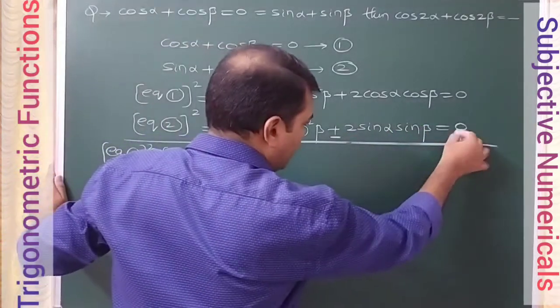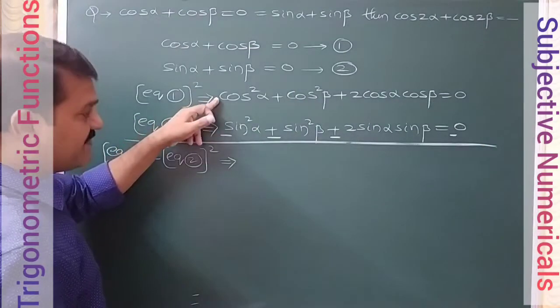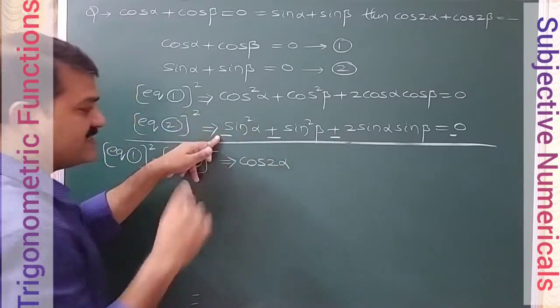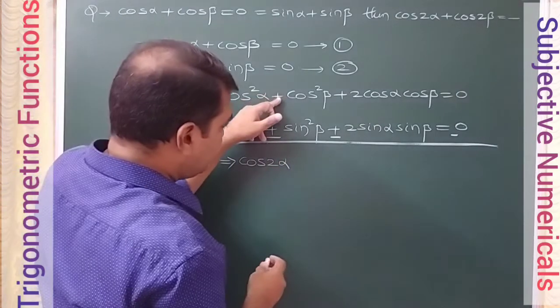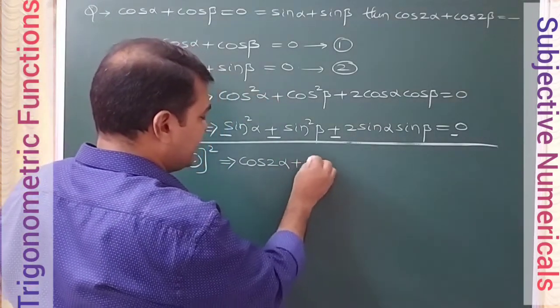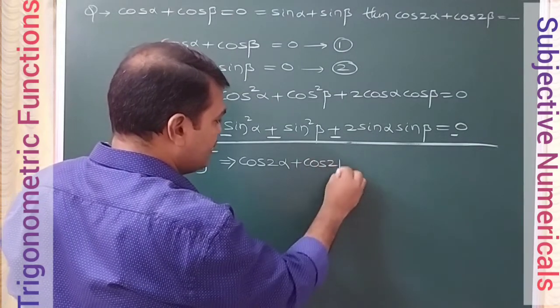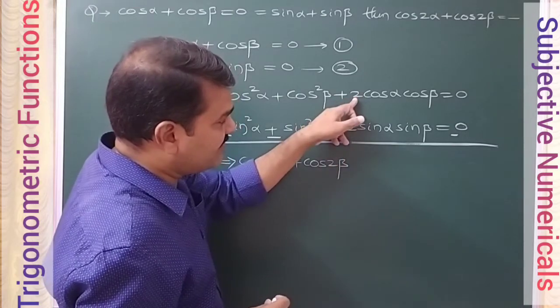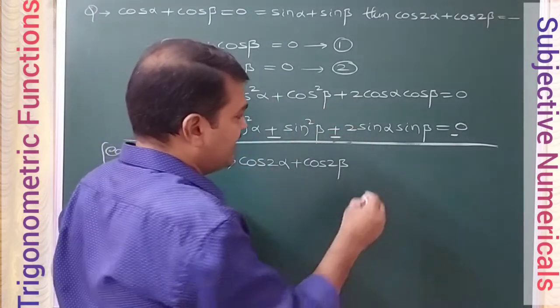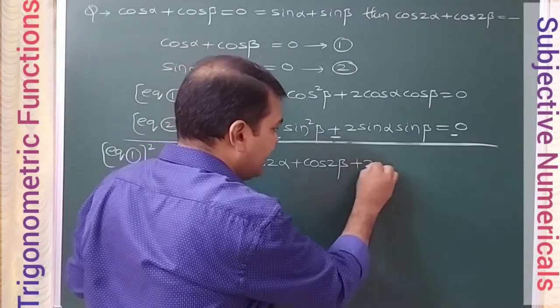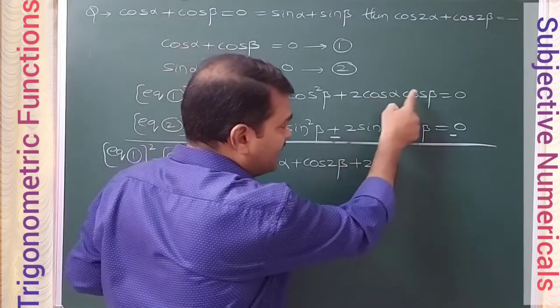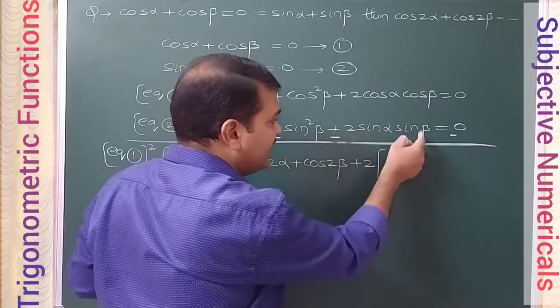So cos square alpha minus sin square alpha is directly cos 2 alpha, and cos square beta minus sin square beta is directly cos 2 beta. Coming to the other terms, 2 cos alpha cos beta minus 2 sin alpha sin beta. Take 2 common: cos alpha cos beta minus sin alpha sin beta.